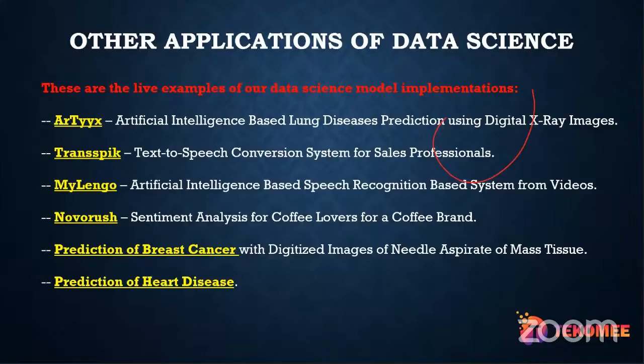I would like to see a little bit more about Novorush. This was for a coffee brand. They are a coffee chain, and they wanted to understand the different sentiments of the coffee lovers who visit their stores.